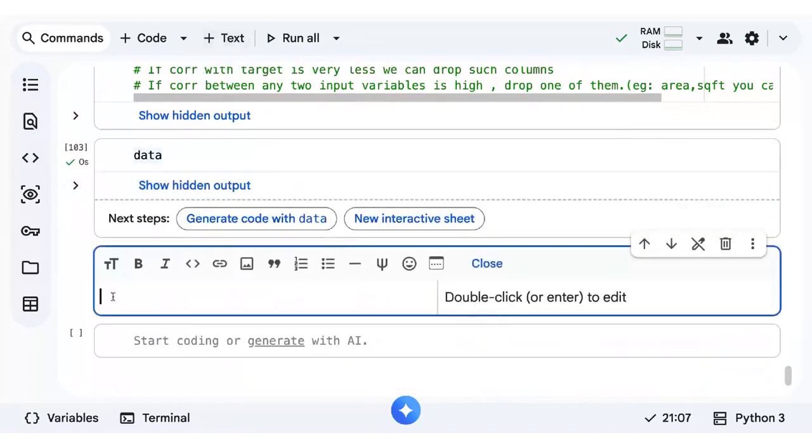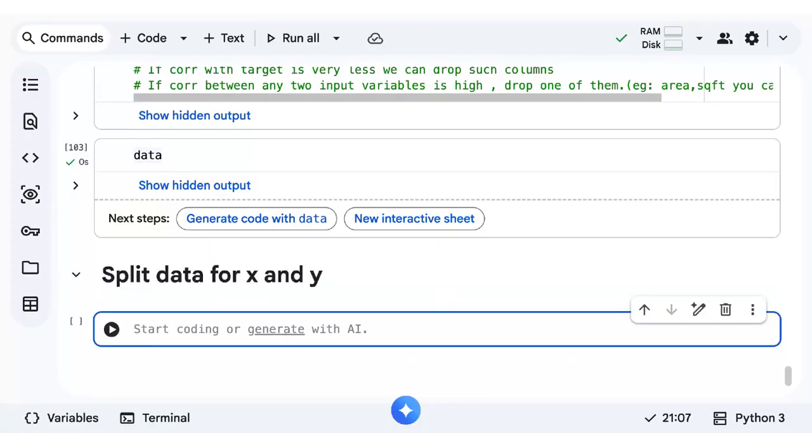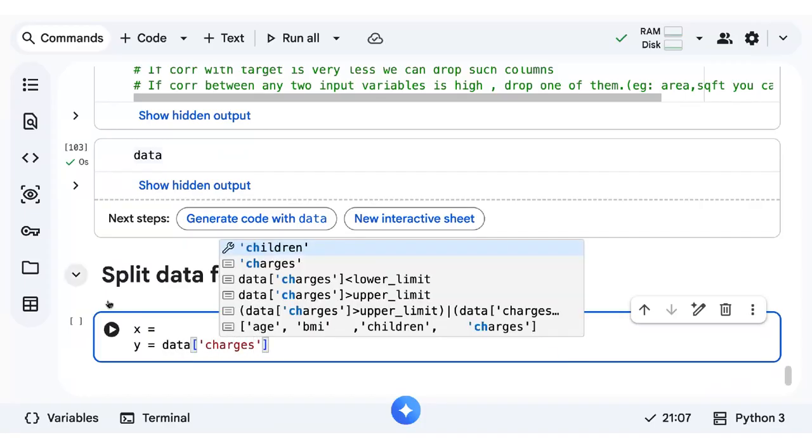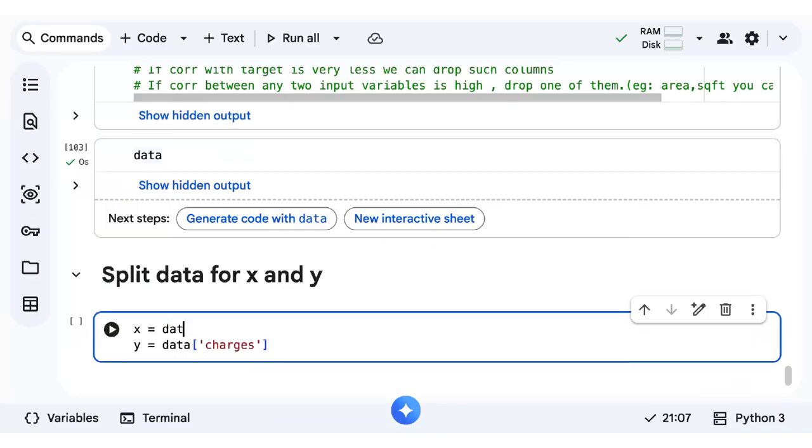Very important step. You have to split data for X and Y because it's supervised learning now. Your model should understand what is X and what is Y. So what should be our X and what should be our Y? Charges will be Y, and except charges, everything is input. So we'll use drop. Except charges, everything remains as input.